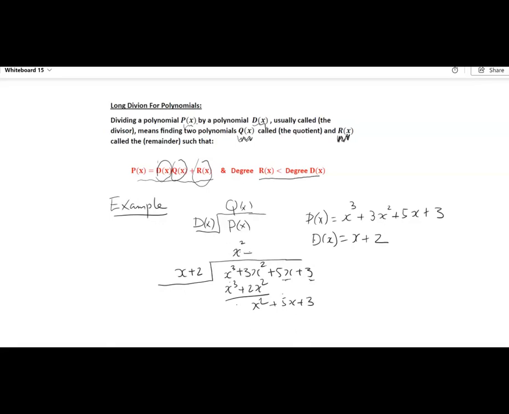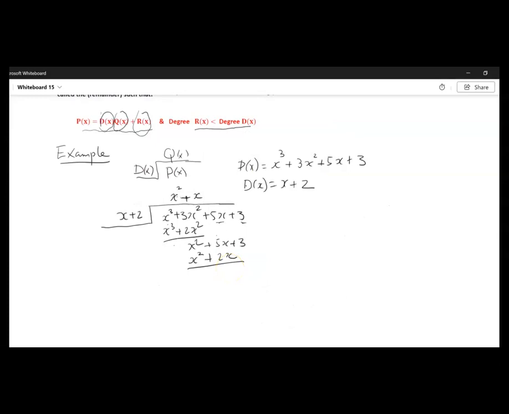And now we look for a power of x that, when multiplied by x plus 2, will give x squared. And that power is obviously x. And we'll have x squared here plus twice x. And we subtract. And we'll now get 3x plus 3.